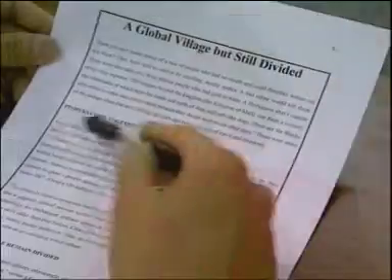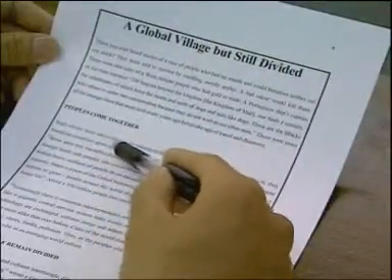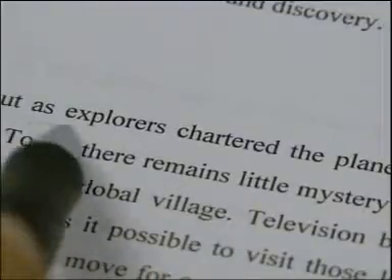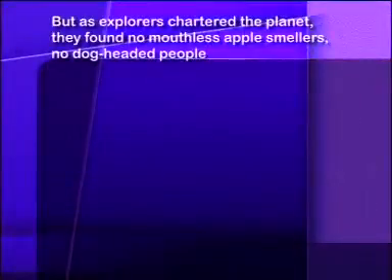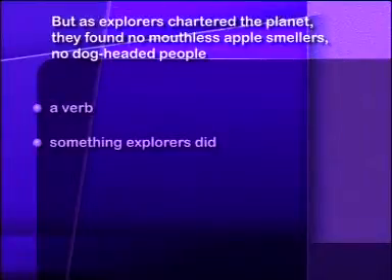For example, in the article "A global village but still divided," line 8, there's the word chartered. Although most students wouldn't know the meaning of this word, it can be guessed. In the context of the sentence, chartered must be a verb, something explorers did.